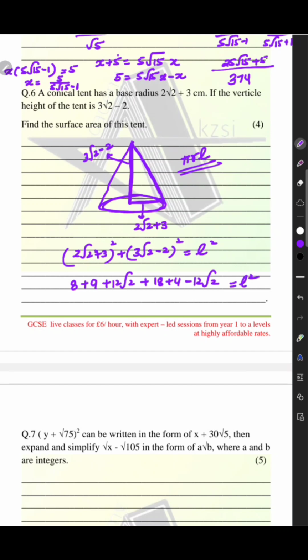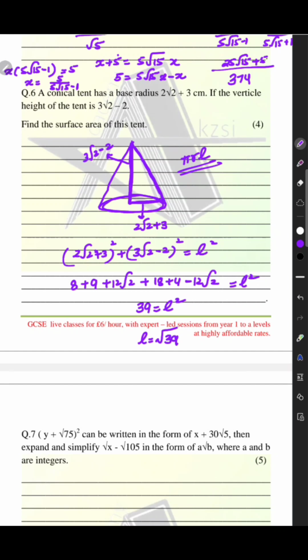This will be 18 plus 8 plus 4 plus 9, that is 39, and 12 root 2 minus 12 root 2 will give me 0, is equals to L squared. Then your answer will be L is equals to root 39. Root 39 is slant height.